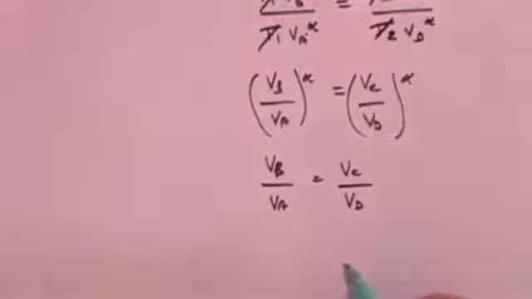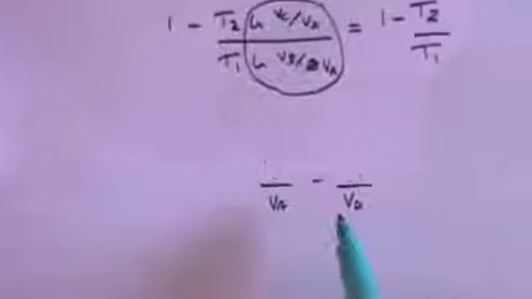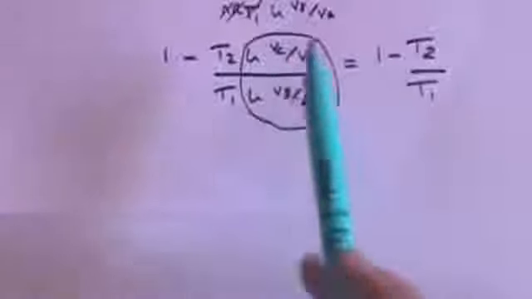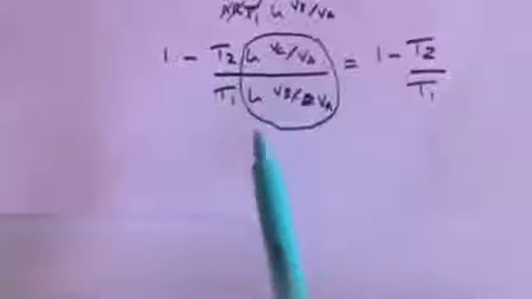And if you look at the formula, in fact I'll just put it back up on the screen so that you can see it, we had the log of VC over VD divided by the log of VB over VA. Well, VB over VA equals VC over VD, so those two terms are the same, so this is indeed equal to 1.